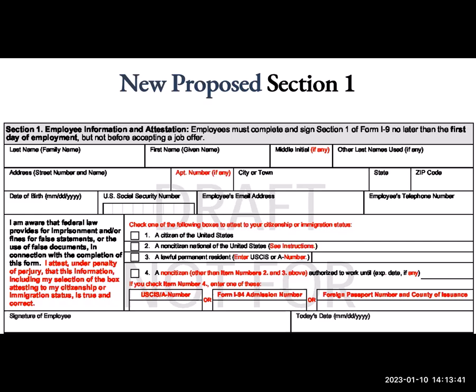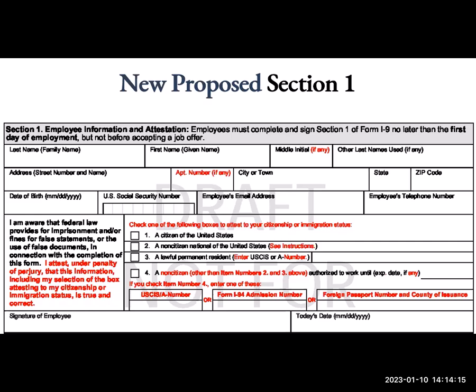The government is using the Form I-9 beyond its purpose, which is just to verify the identity and work authorization of the worker. They are using it for litigation purposes against companies or against employers and employees. So they're making sure that when you're signing, you're attesting under penalty of perjury. That's important. Then the other bigger change with this section is the citizenship and immigration status. As you can see, there's a lot of red in there.